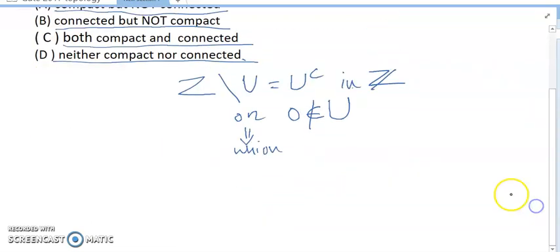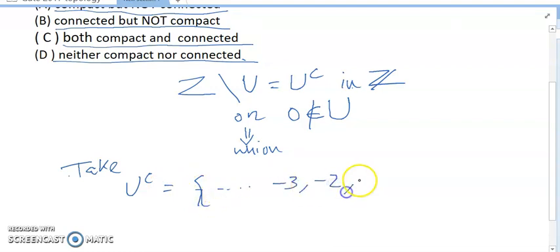Suppose U complement is equal to minus 3, minus 2, minus 1, 0, 1, 2, 4, 5, up to infinity.